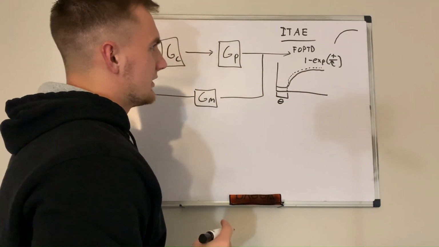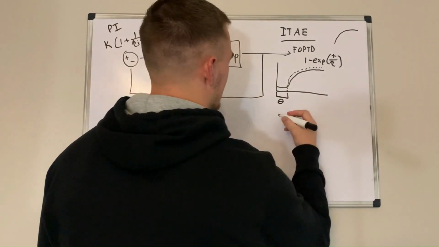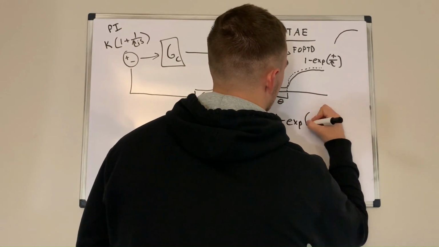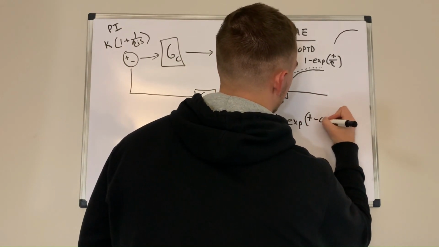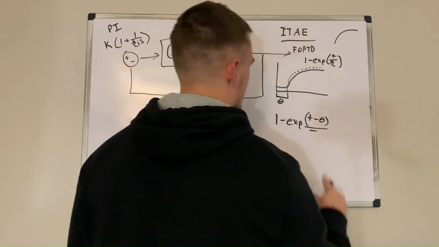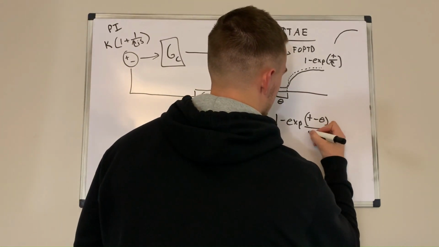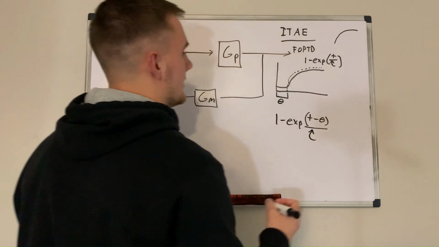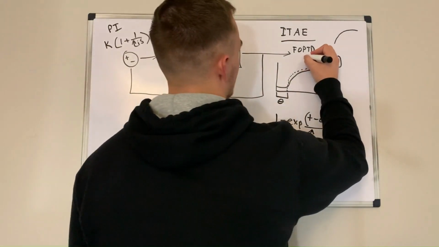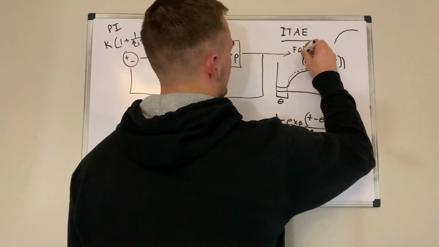So we can essentially shift our data over some. So we'll have 1 minus exponential of (t minus theta) over tau, the time constant, right? And then what we can say is that, and this actually is multiplied, or no, that's right, yeah.